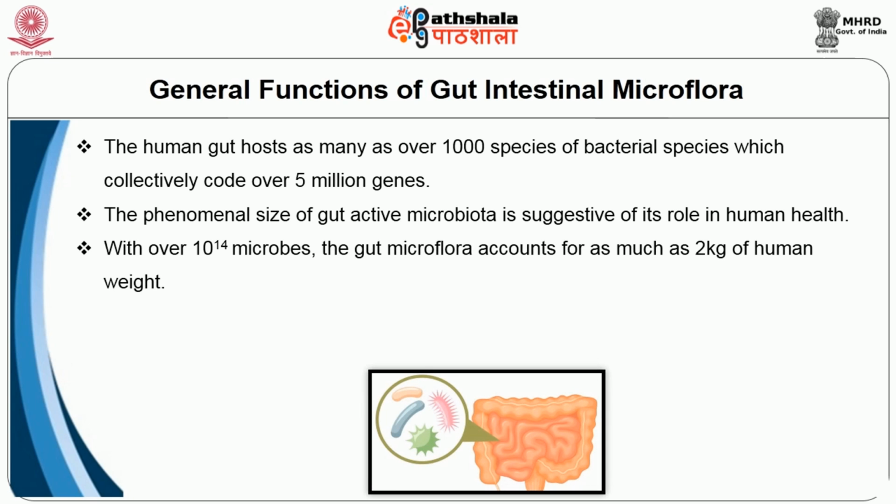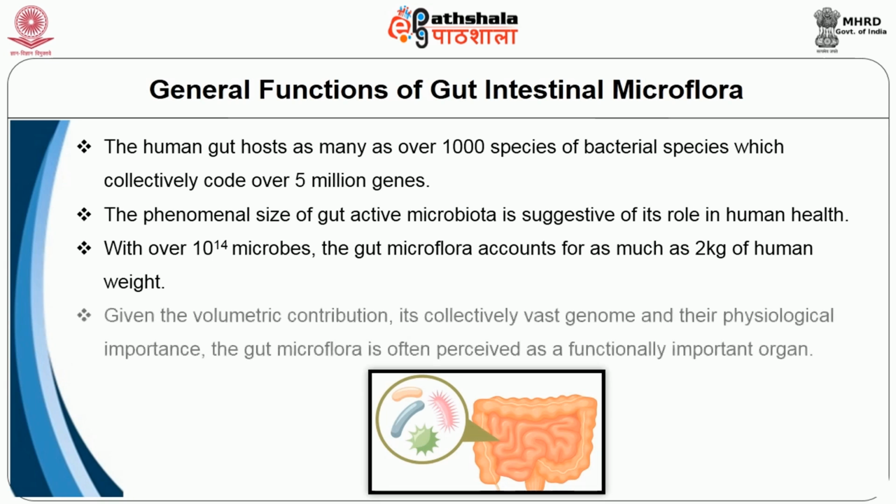With over 10 to the power of 14 microbes, the gut microflora accounts for as much as 2 kilograms of human weight. So, look at that: we were thinking bacteria are small, but if you put all the bacteria on a balance, they will weigh around 2 kilograms.